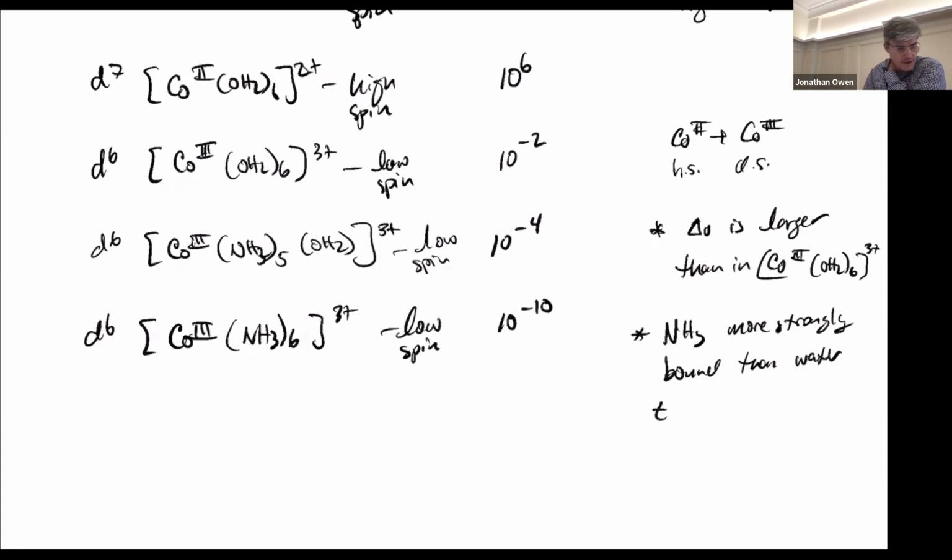And at this rate of exchange, it takes about 200 years for this process to go 50% of the way. The half-life for dissociation of ammonia from cobalt hexamine 3+ ion is 200 years. That's a pretty stable compound.